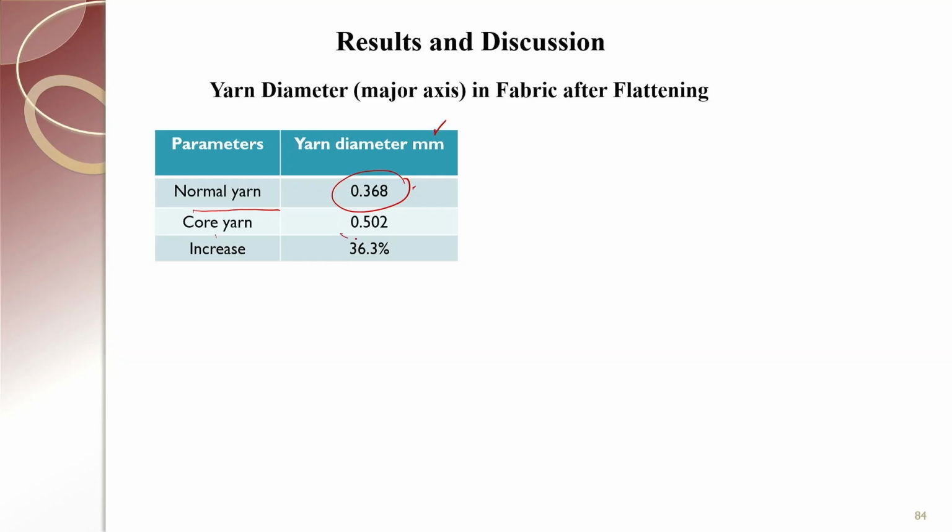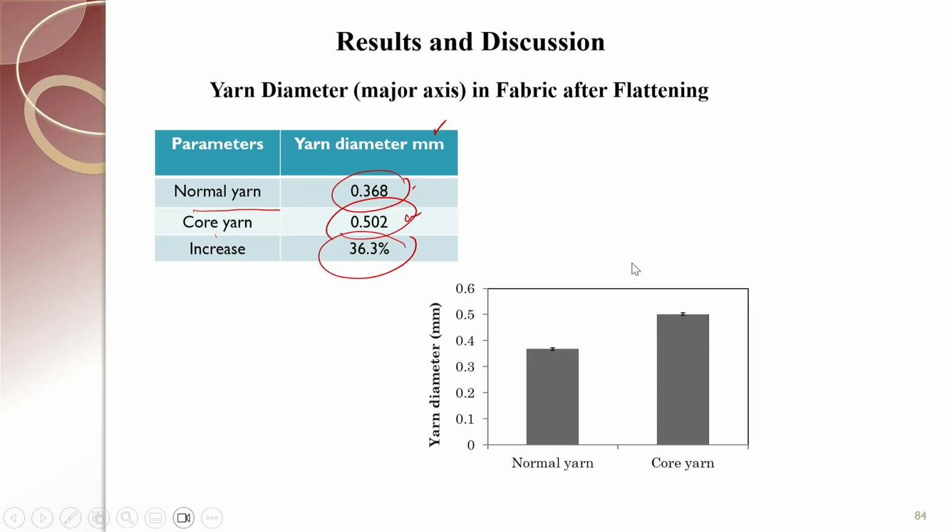For core yarn, it has become 0.502, and the increase is 36.3% in yarn diameter from normal to core yarn due to the presence of the core component. So, yarn diameter is higher in case of core yarn than the normal yarn.